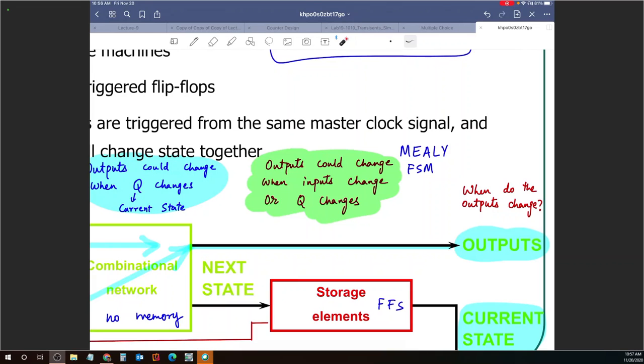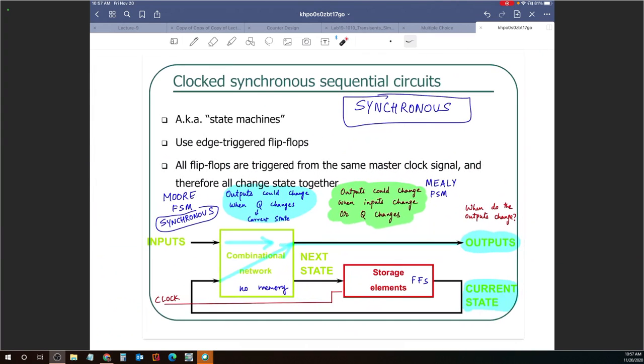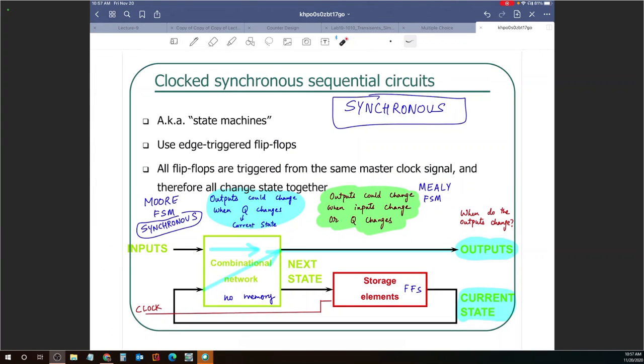Outputs could change when input changes. When input changes, who controls that? The user controls when the input changes. Which means the Mealy finite state machine is not necessarily synchronous because it depends on the inputs directly. So this actually is an asynchronous finite state machine.